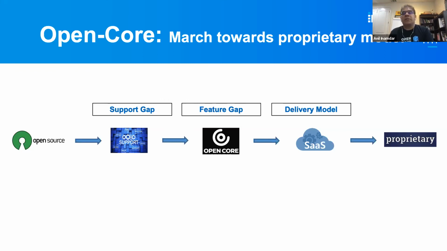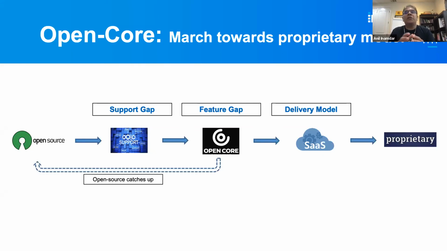Open source doesn't stay quiet. The communities who are passionate about it, or the foundations who really believe in that product, continuously play catch up and fill those gaps. Whatever new features the open core is adding, open source can adopt those features. They may lag a version behind, but they always catch up.